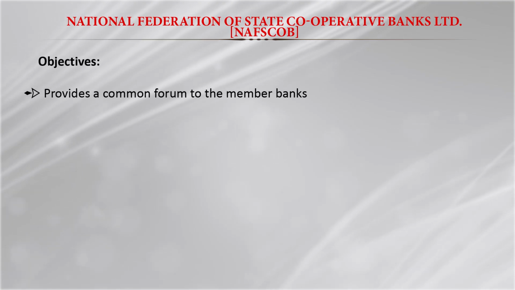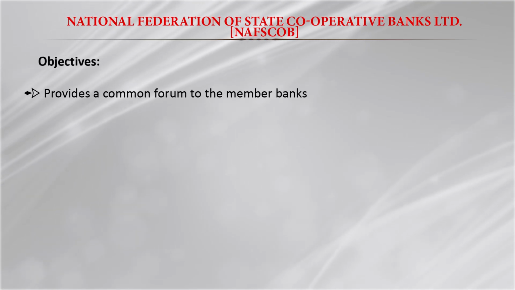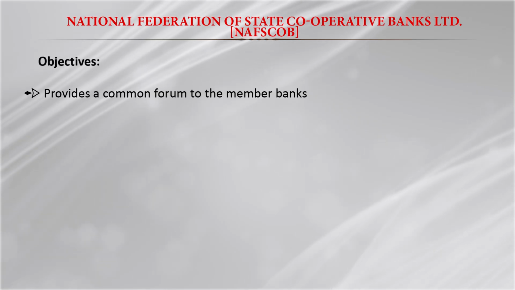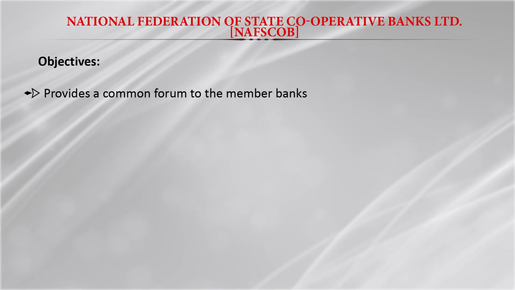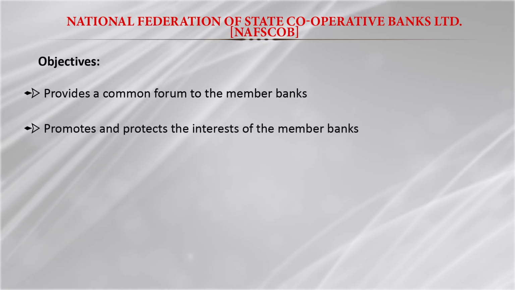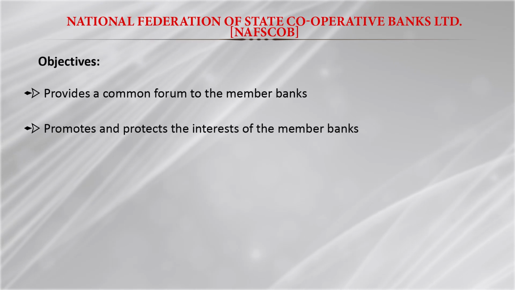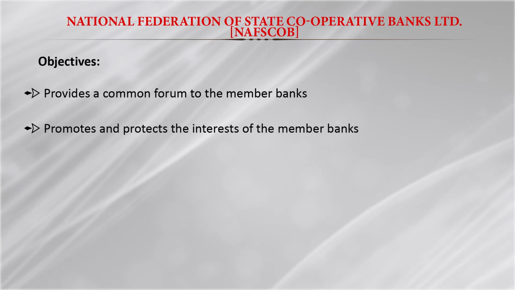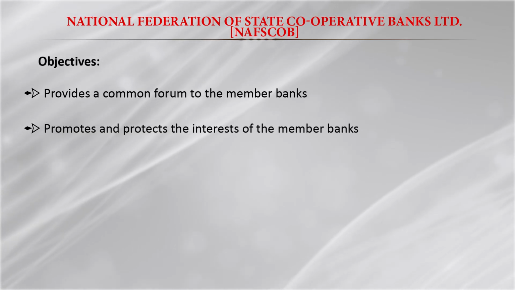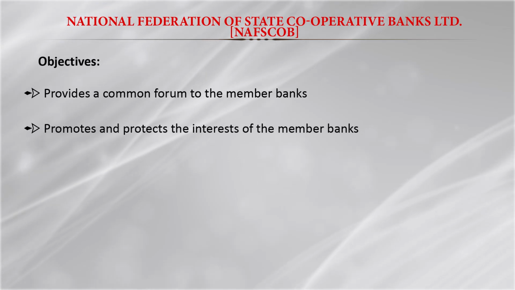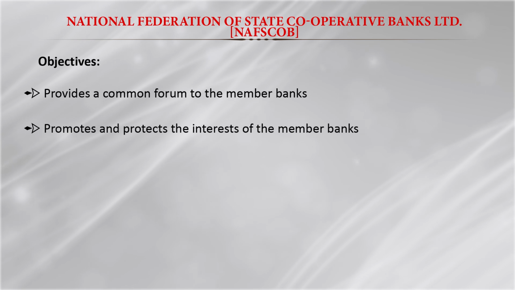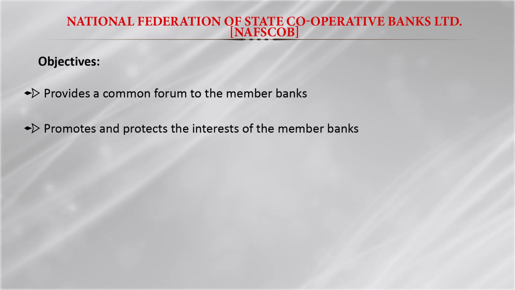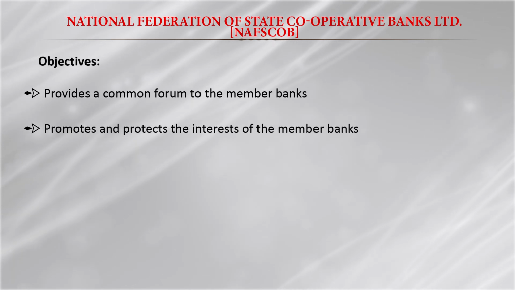So they provide a forum for discussing policies, various issues and problems, and guide them in their functioning. They promote and protect the interest of the member banks. If there is some conflict between a state cooperative bank and some commercial bank or some member, they participate. So their purpose is to promote the cooperative credit societies, and they also protect their interest.